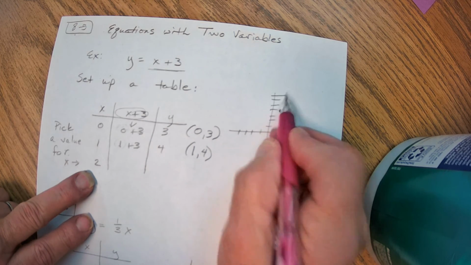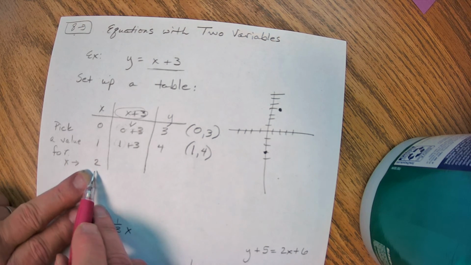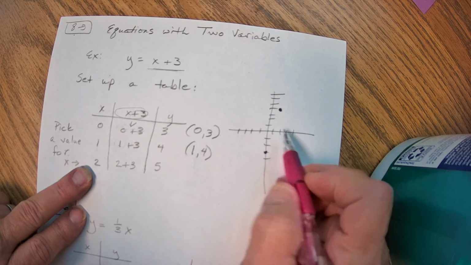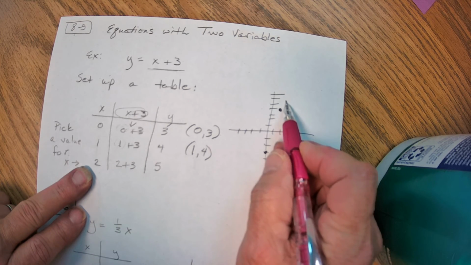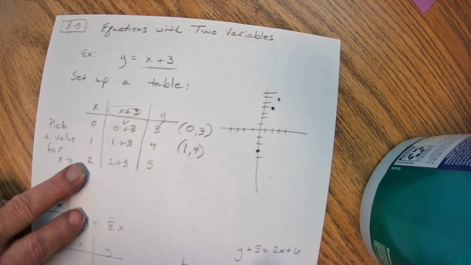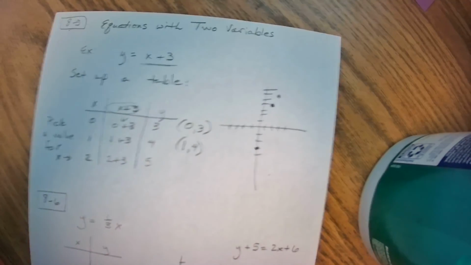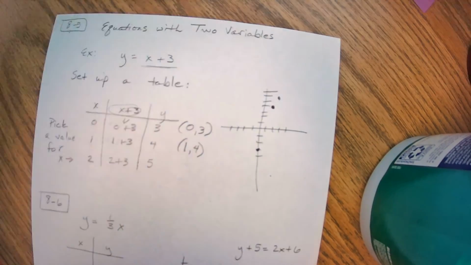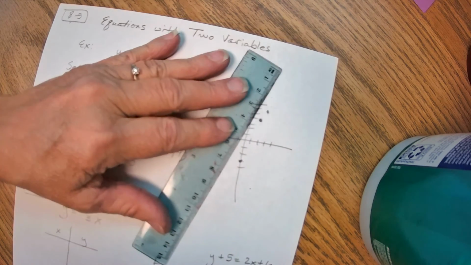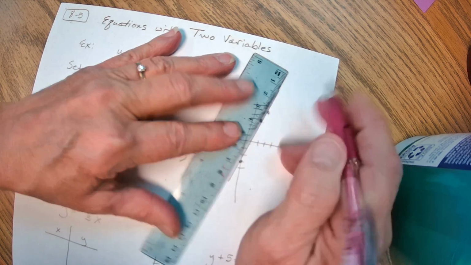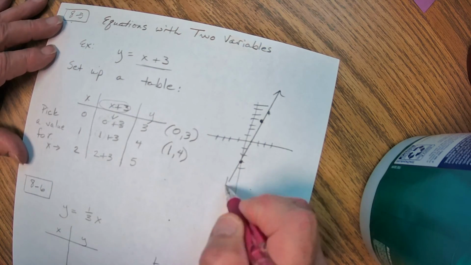And what happens when x is 2? Well, this would be 2 plus 3, which is 5. So up one more. Okay, you'll notice that these points all lie in a straight line. Well, mostly a straight line. Remember, I'm doing this by hand, so it's not going to be perfect. And there's the graph.